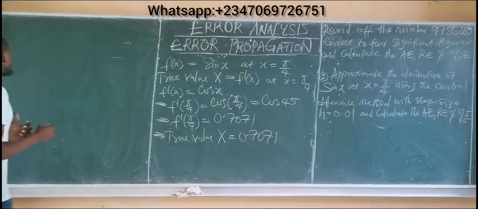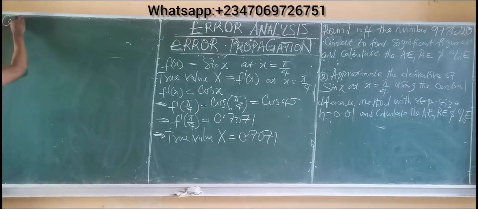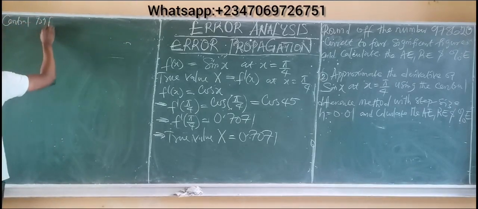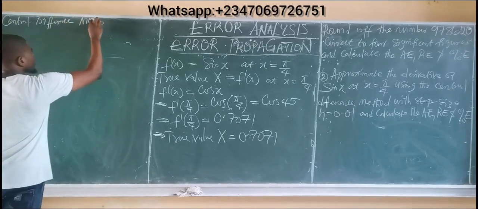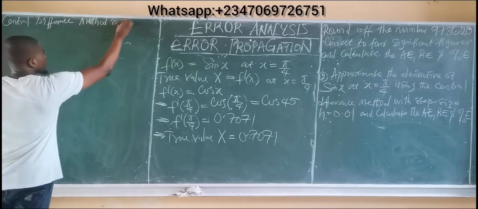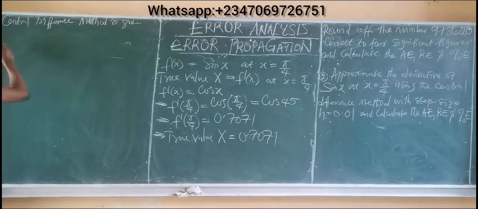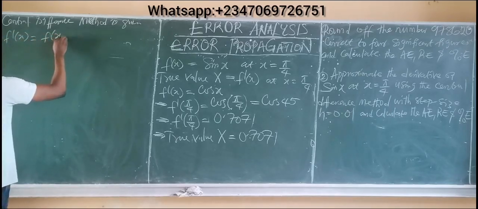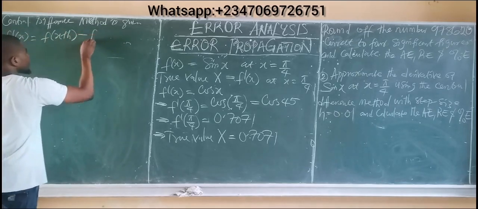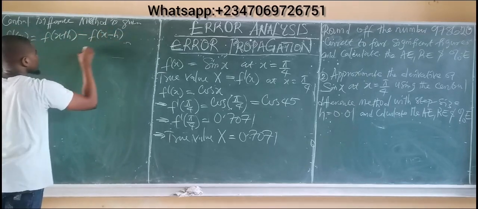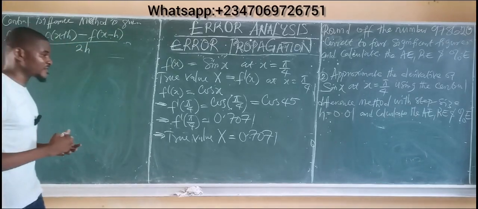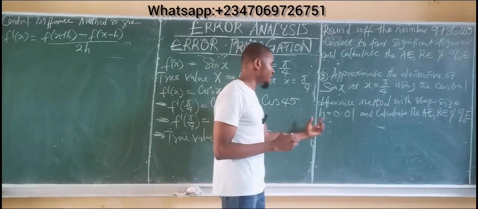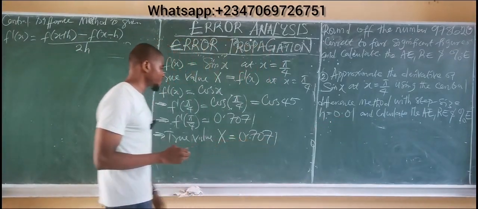The central difference method is given as f prime of x equal to f of x plus h minus f of x minus h, all over 2 times h, where h is the step size, and in the question we are given a step size of 0.01 for h.